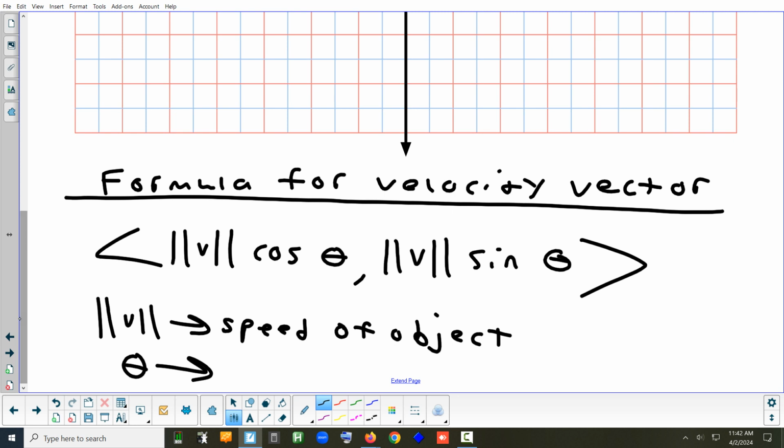So if you threw something at 90 degrees, that's straight up. 0 degrees would be horizontal. 180 would be south, like traveling down. So theta is angle. And that's the formula for a velocity vector. These two things are always given to you, so all you have to do is plug them in.